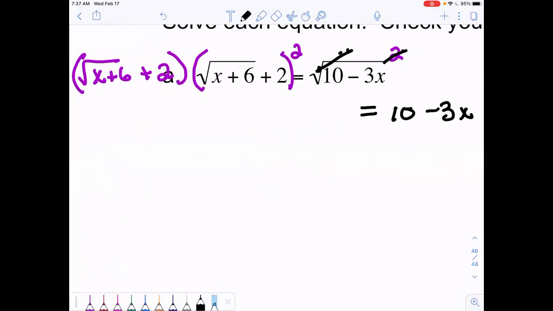We're going to take it one step at a time. So we're multiplying the square root of x plus 6 times the square root of x plus 6. When you have a square root and you multiply it by itself, the radical cancels and you're just left with x plus 6.